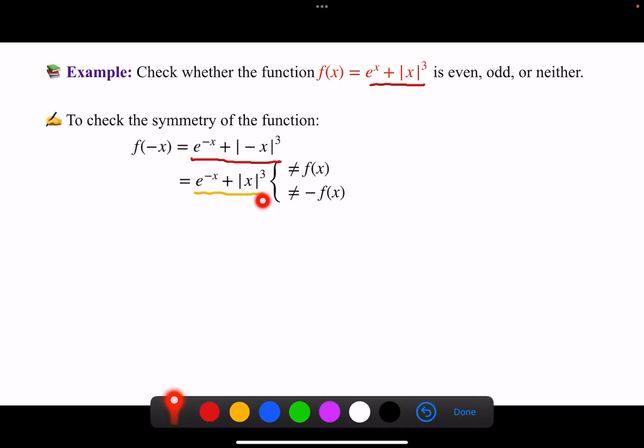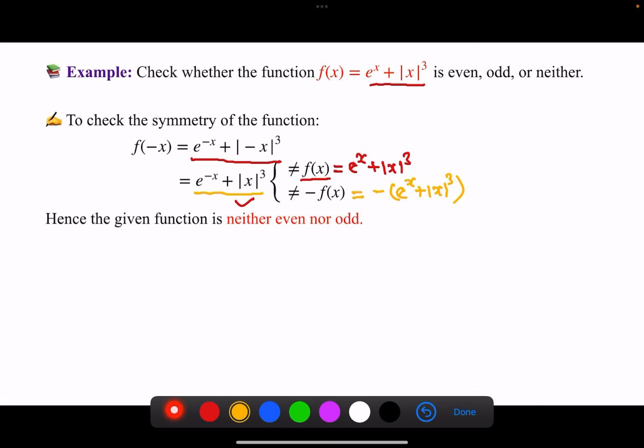This output is not equal to the value of the function at x, which is e raised to the power x plus mod x cube. Also, the output value is not equal to the negative of the function value at x, which is minus e raised to the power x plus mod x cube. Hence, the given function is neither even nor odd.